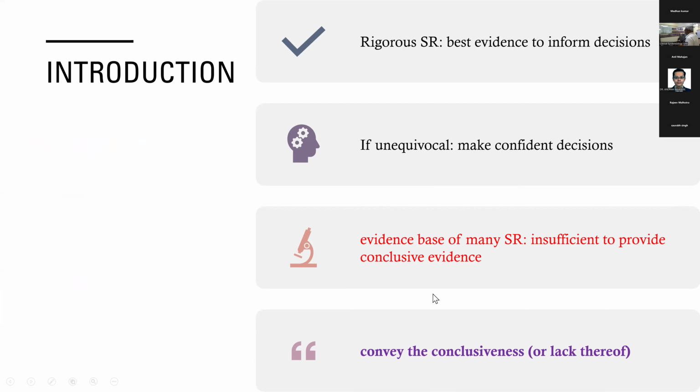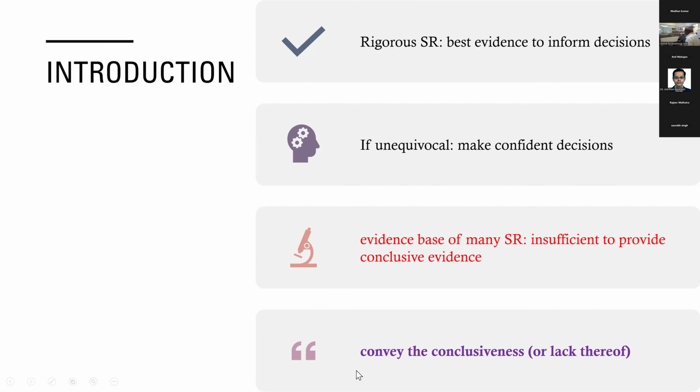If the evidence base is insufficient, meaning the systematic review finally is not able to conclude one way or the other, we say the evidence is inconclusive from the systematic review. It is not the fault of the systematic review, maybe the studies are of poor quality or small numbers to make any conclusive evidence. This concept is called the conclusiveness of a systematic review.